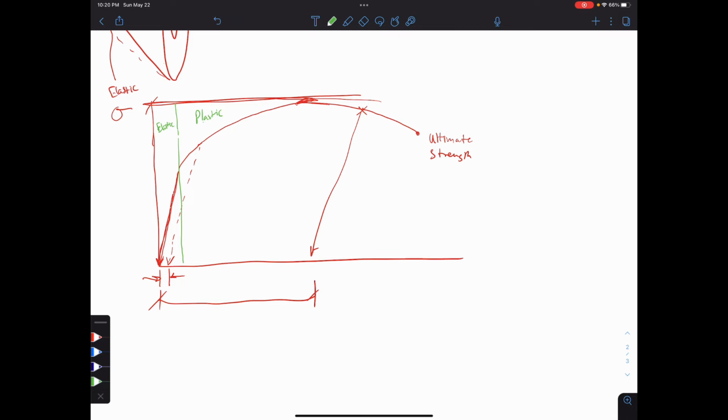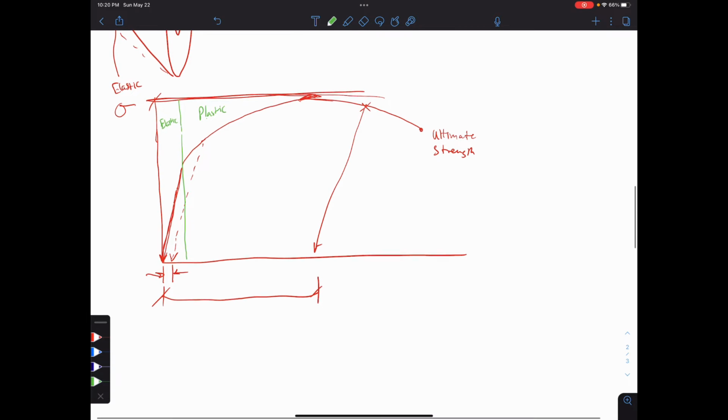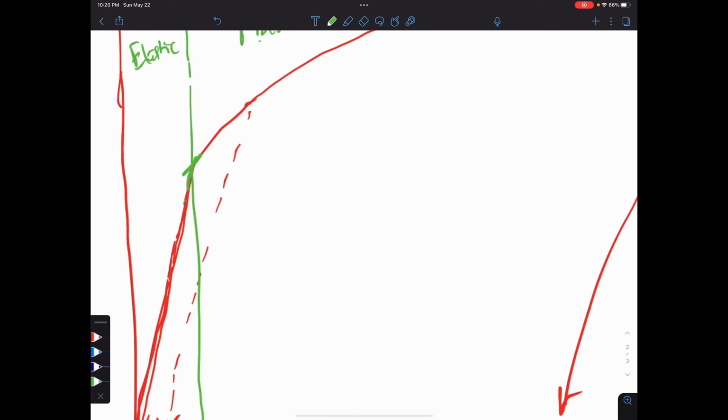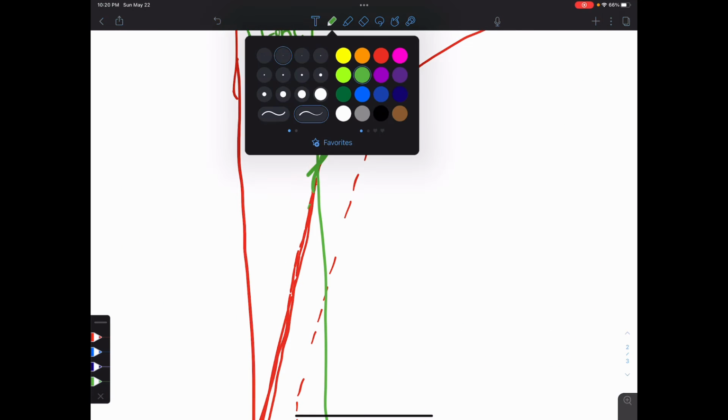The plastic region is typically defined as 0.2% strain. Because in reality, when you zoom in up on this really close, this is not a sharp transition when you get right up on this point right here.